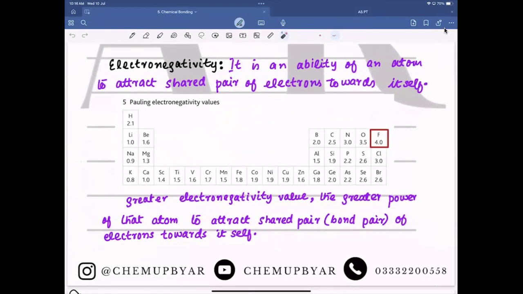So, what is electronegativity? It is the ability of an atom to attract the shared pair of electrons towards itself, or you can just say that it is an ability of an atom to attract the electrons towards itself.